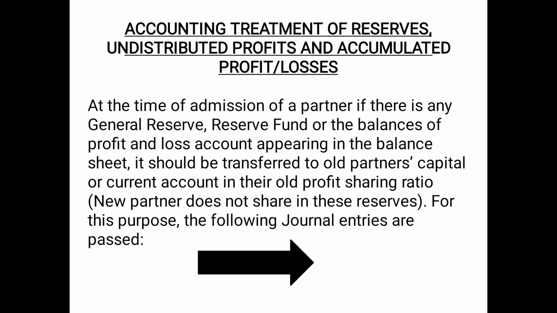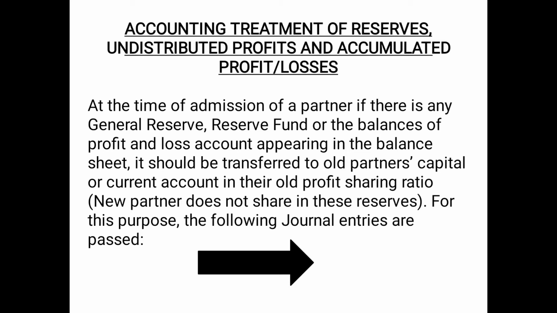In this case also, we do not have to differentiate whether the partner is sacrificing or not. All the accumulated profits and losses will be distributed to all the old partners in their old ratio, whether they are sacrificing or gaining, irrespective.